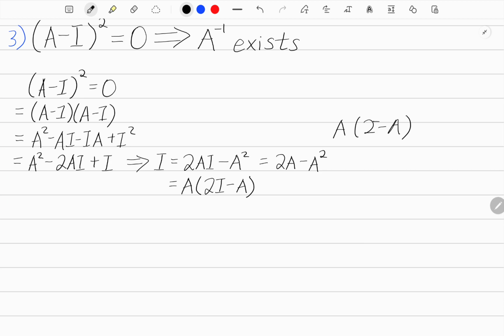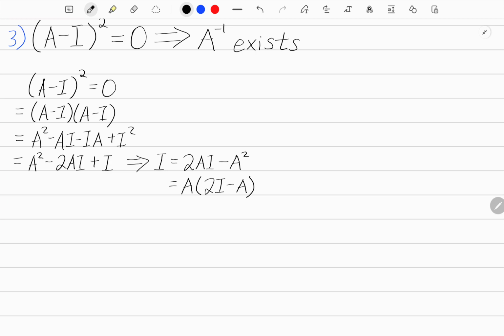Whenever you factor out this A, remember to put the identity matrix back, because if A was a square matrix that was 2 by 2, 3 by 3 or larger, then you need this I. But that is just a side note.